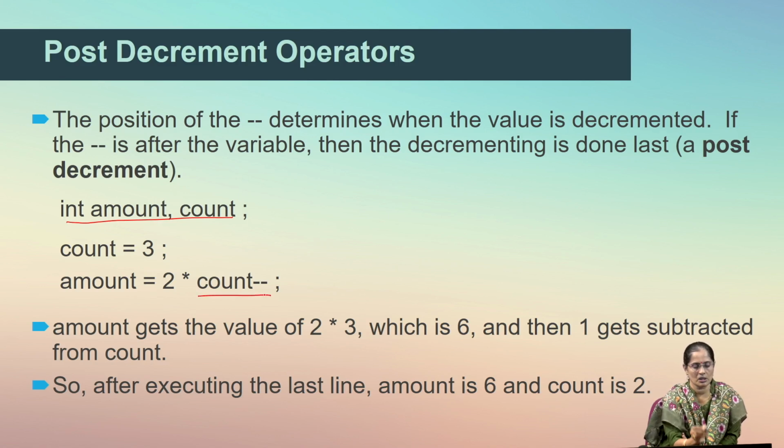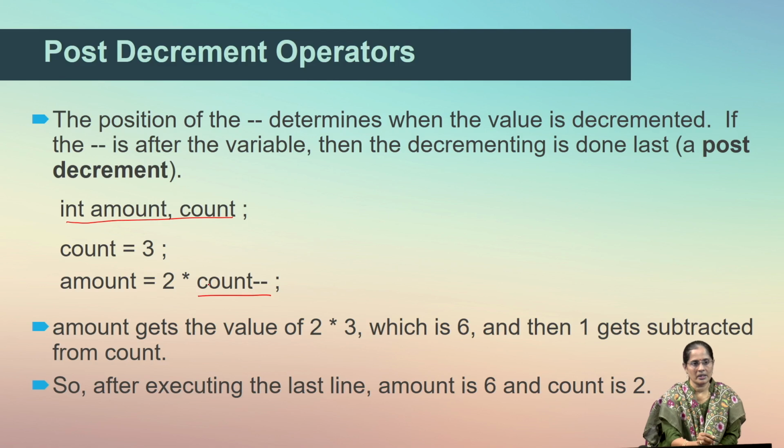So, here I am using the decrement operator. As in the case of post increment operator, here also we use post decrement operator. It means that the value of the variable count will be substituted first and then its value will be decremented.